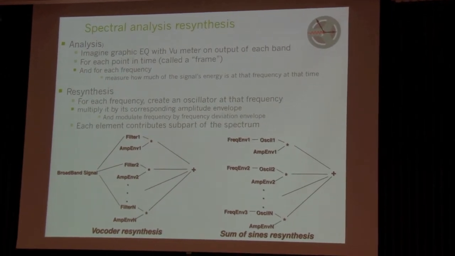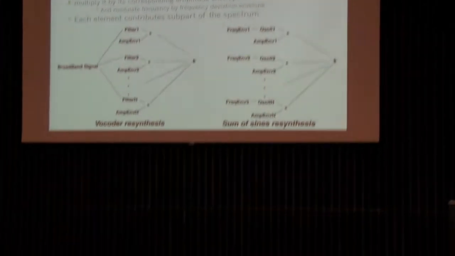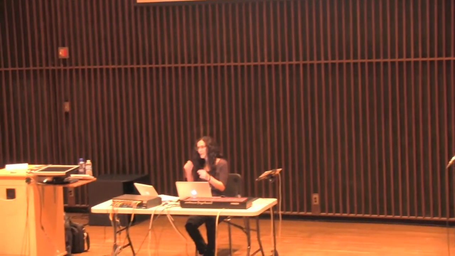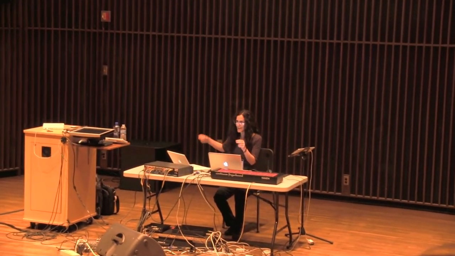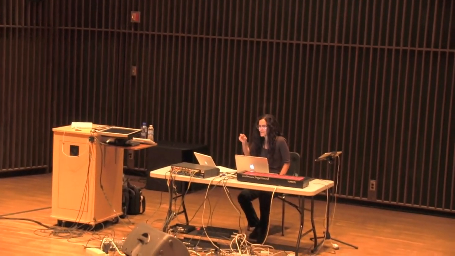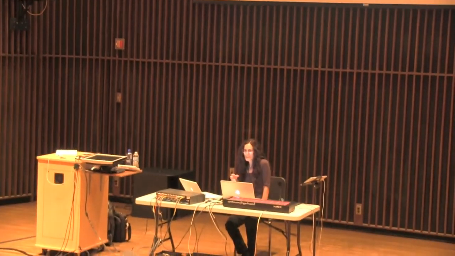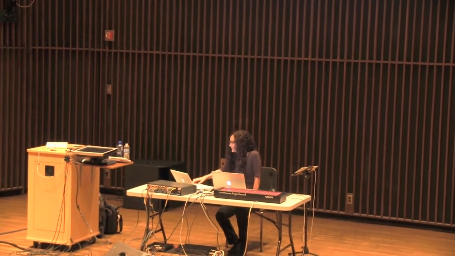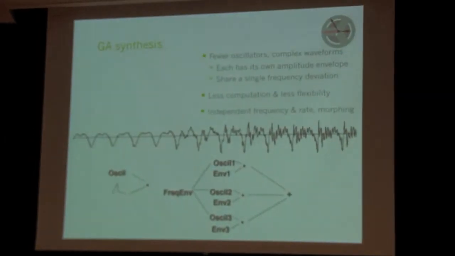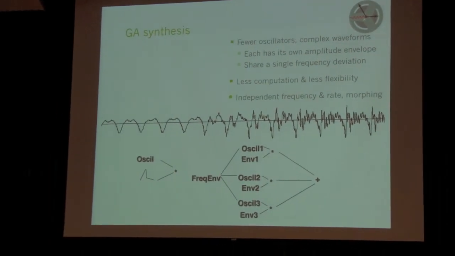To resynthesize after you have all those envelopes, you would get a bank of oscillators. You would multiply each of those oscillators by its amplitude envelope and change the frequency according to the frequency deviation envelope. Each one of the sine waves obviously has a super simple spectrum, but when you add them together, you recreate a complex spectrum. The GA synthesis that you see in Kyma is group additive synthesis.